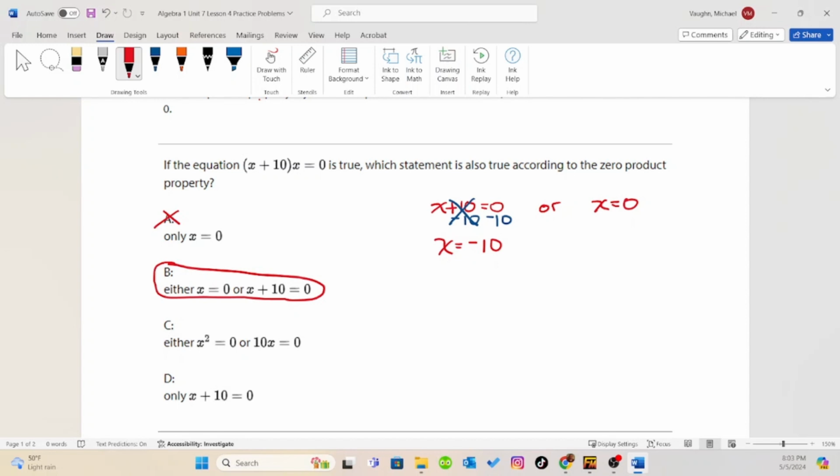What they've done there is multiplied these together and changed it to standard form, which would then result in those two numbers being added together, not multiplied together. So C is not true. And D says only x plus 10 equals 0, which is also not true. Either one of them can be 0, and then it won't matter what the other one is, because 0 times anything is 0.